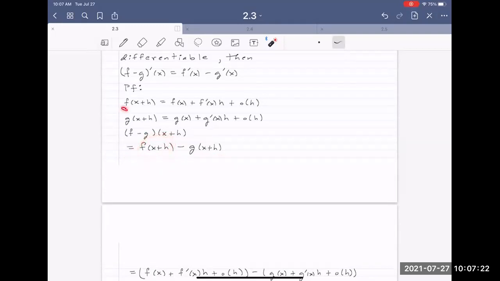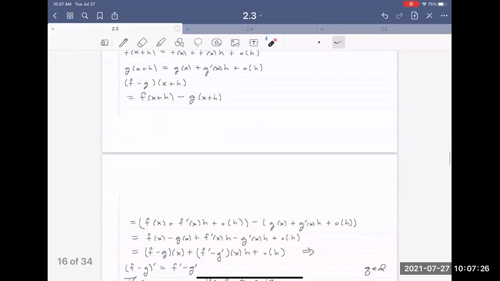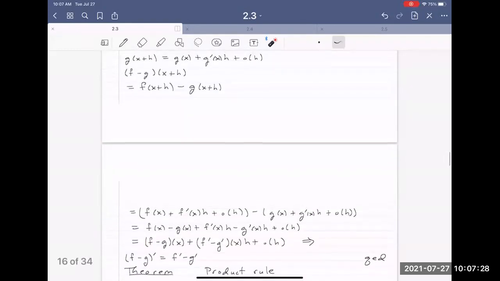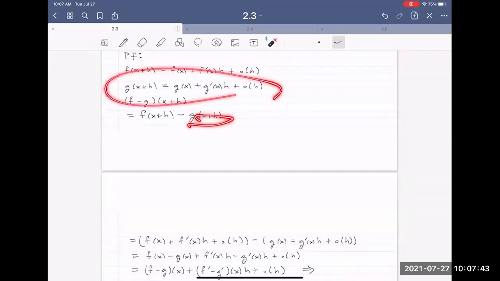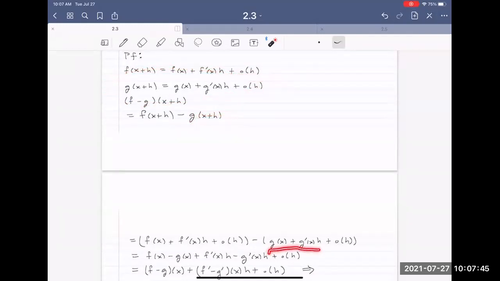But we know what f of x plus h is, and we know what g of x plus h is. So this is equal to f of x plus f prime of x times h plus little o of h, minus g of x plus g prime of x times h plus little o of h.